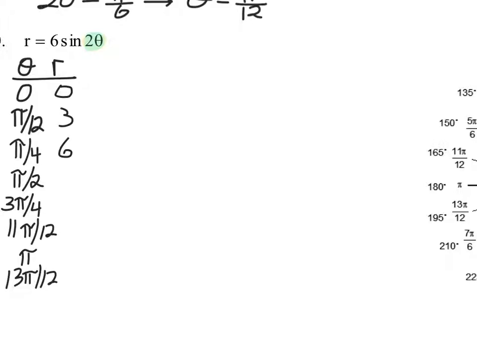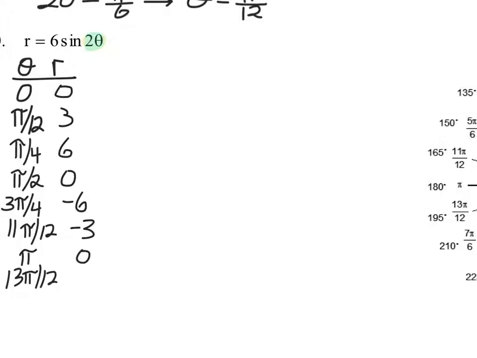Sine of pi is 0. 3 pi over 2 is what this will become when you multiply it by 2. So negative 6. 11 pi over 12 becomes 11 pi over 6, which is negative 1/2, so negative 3. Pi becomes 2 pi, which is on the x-axis, so 0.